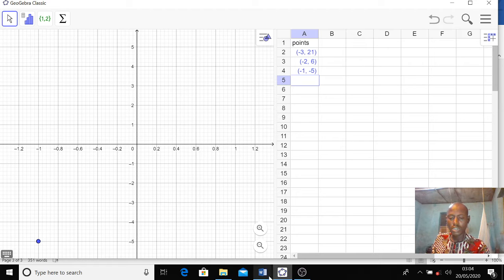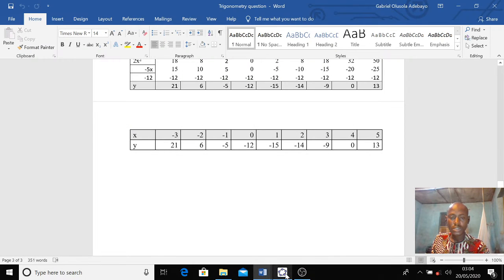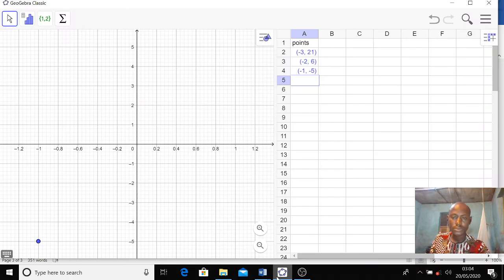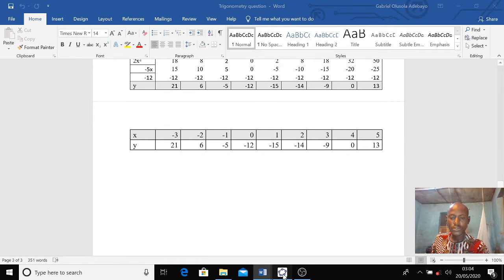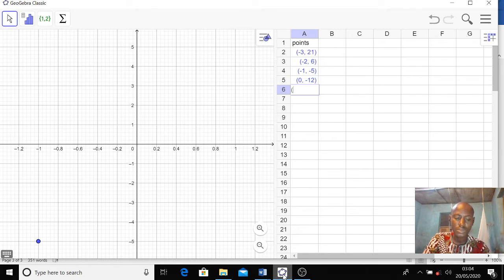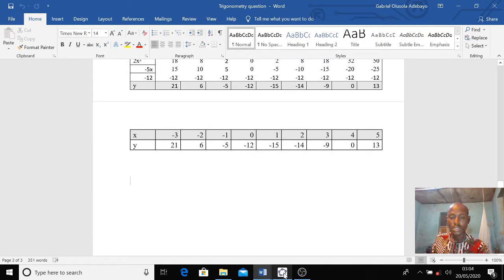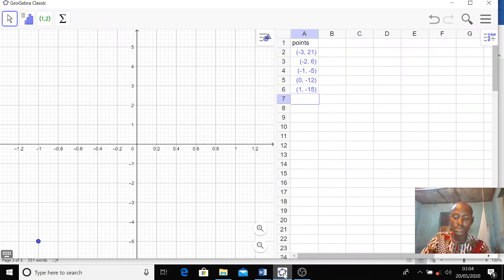So the next one will now be 0 comma -12. 0 comma -12. The next one will now be 1 comma -15. 1 comma -15. The next one will now be 2 comma -14. 2 comma -14.